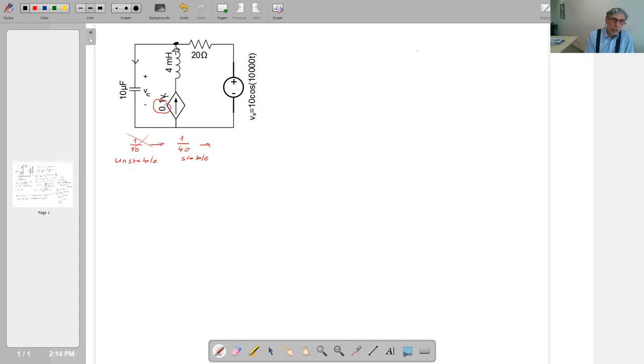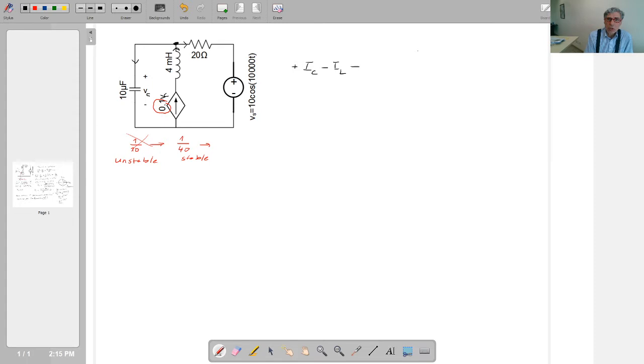What does this mean? Inductor current is going to be equal to this dependent current source current, isn't it? Because they are connected in series. So if you write the Kirchhoff current law for this node, you see that. And I'm going to choose the resistor current reference like that. So the Kirchhoff current law equation for this node is going to be IC, since it is coming out of the node, it is plus, and coming towards the node, it is minus I inductor current, which is also equal to this current, plus this resistor current.